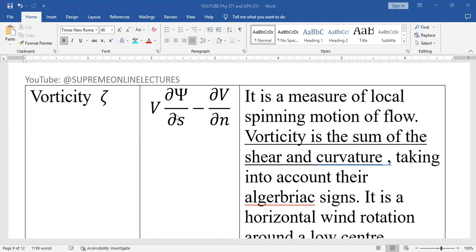But here we have curvature plus the shear. But the minus here is as a result of the fact that the shear was negative, and we don't expose a negative sign in mathematics, so you now shift it in. But these two expressions tell us that we are adding shear and curvature to get vorticity.